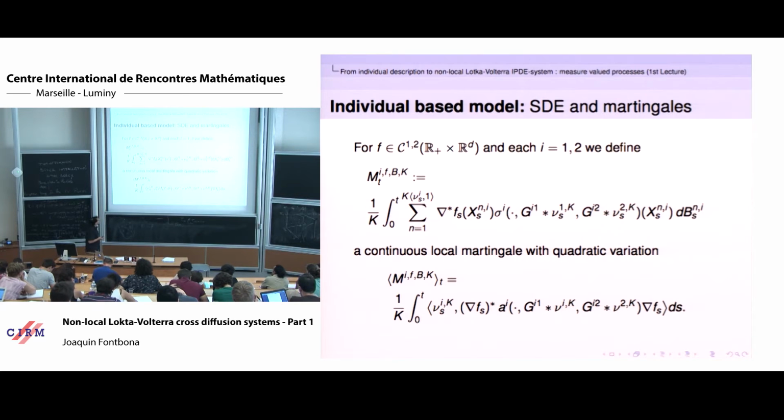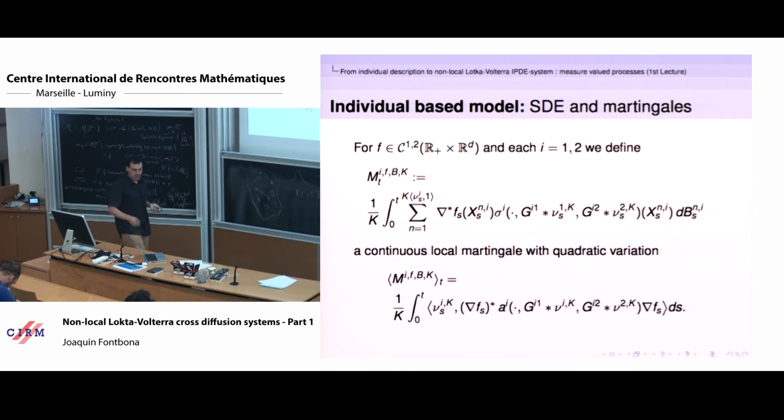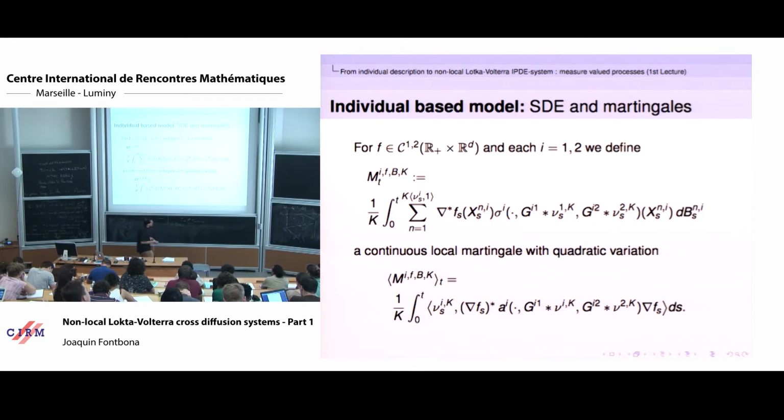So you will have this kind of object, and in order to control or to see how big the martingale is, you need to look at the quadratic variation, an object which arises in the following way. Imagine you have a martingale, and you ask, what happens if I take the square? It turns out that the square will be increasing in average.